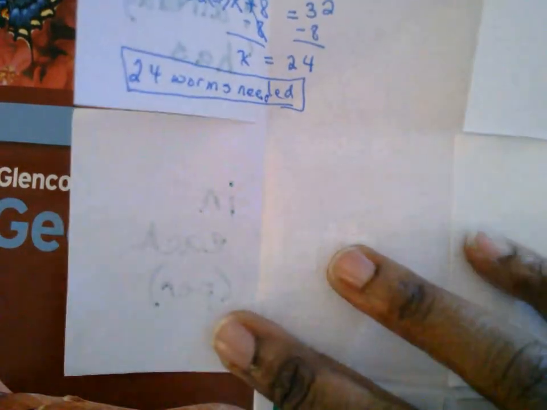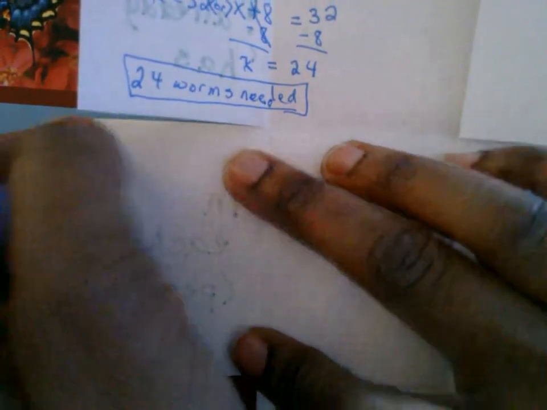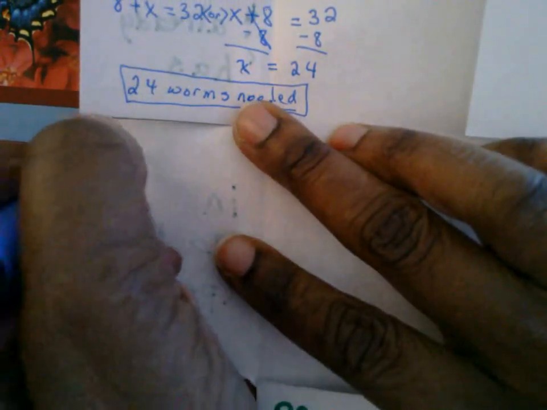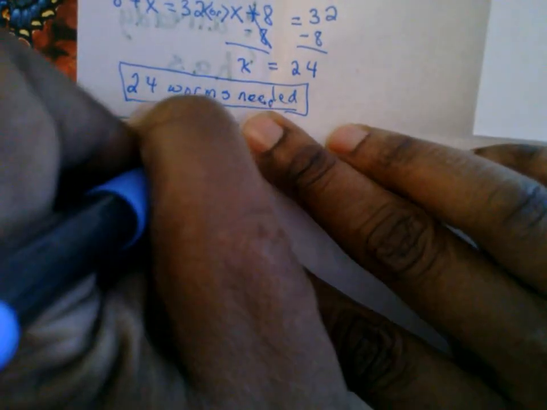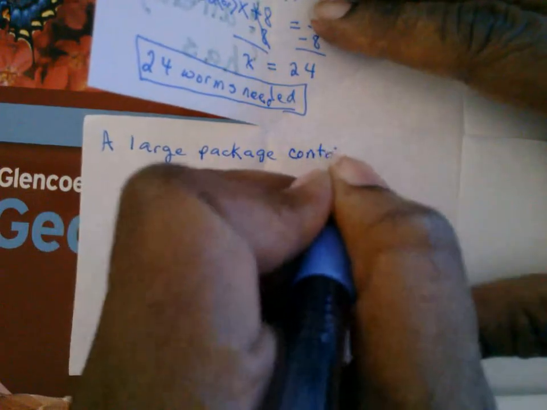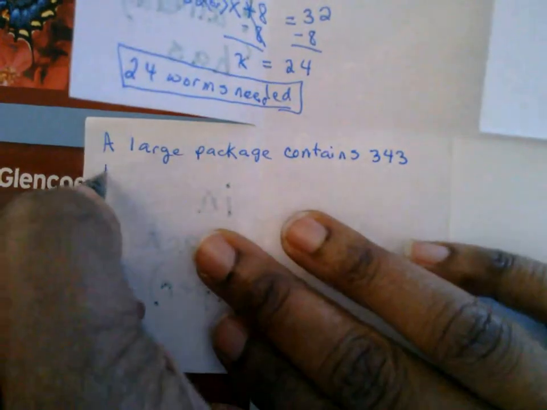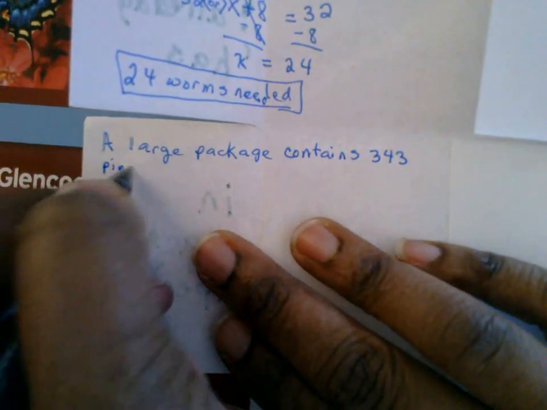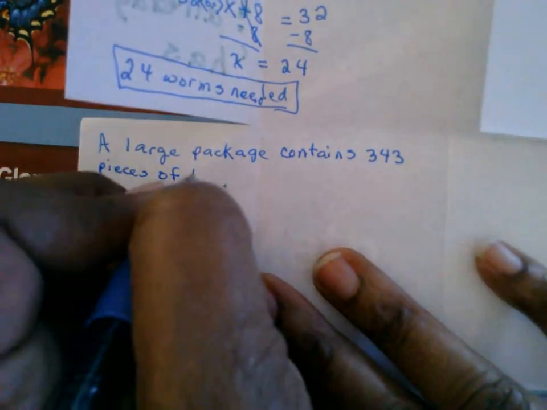So, in each, a large package contains 343 pieces of bubble gum.